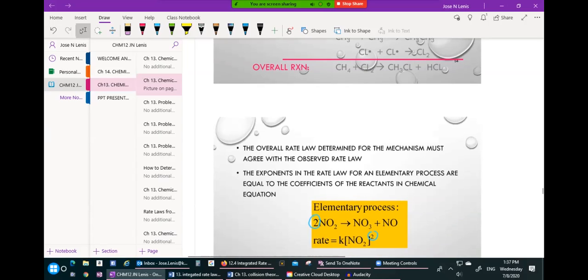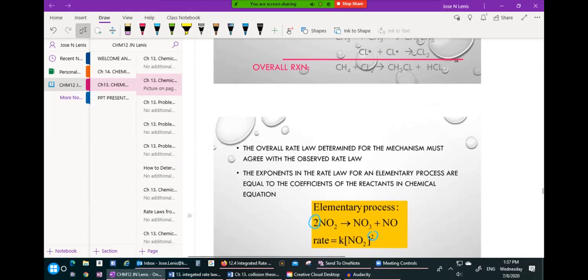But this is the beauty of this process. If the rate law for the elementary process matches the experimental result, that means your reaction mechanism is accurate, is valid. So we can take that reaction mechanism and accept it.